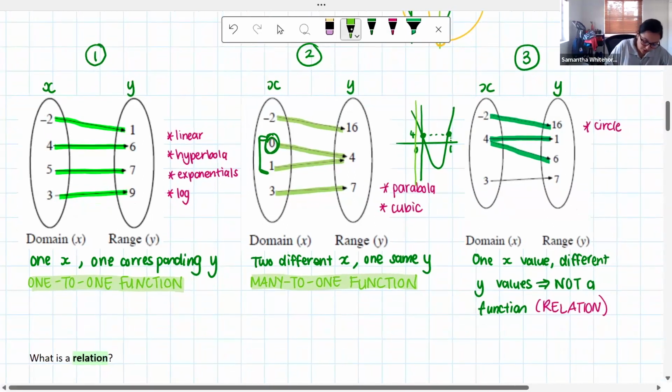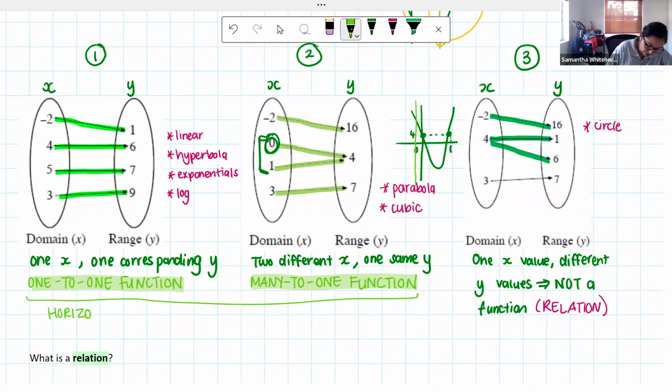Right, if you want to determine whether it's a one-to-one or a many-to-one, this is now where we use our horizontal line test. So for example, if you consider, let's say, your exponential, if you now drew a horizontal line, if it only cuts it once, it's a one-to-one function.